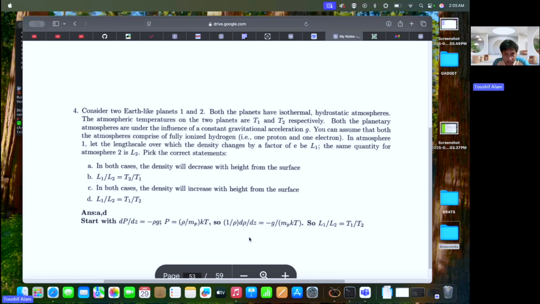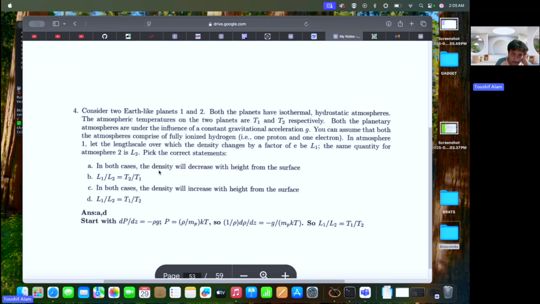Then we get ln rho, so here you can see the 1 by z and here 1 by T. So obviously L is proportional to T, so L1 by L2 is T1 by T2. So option D is correct.